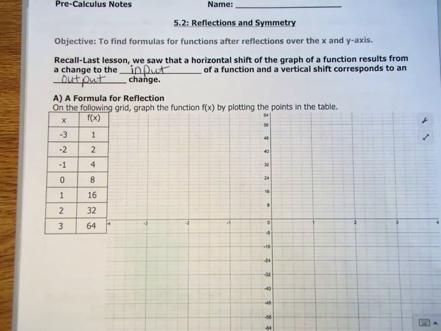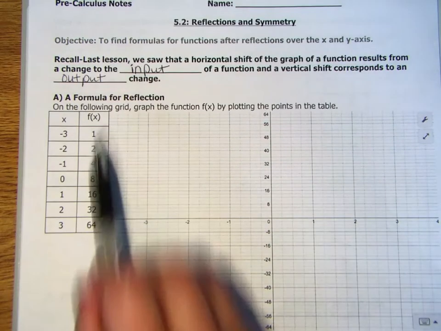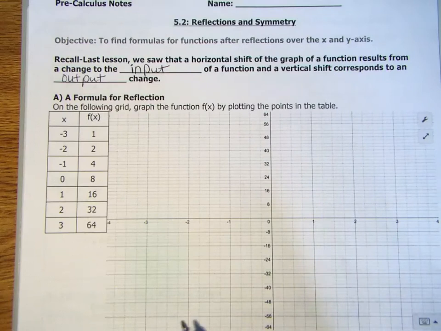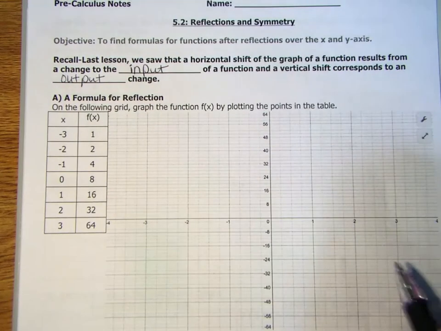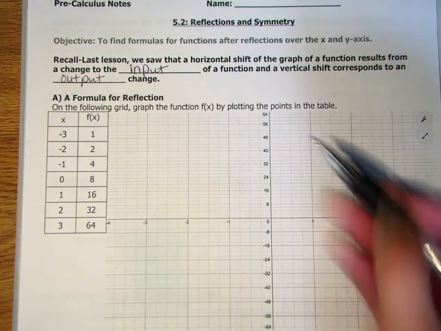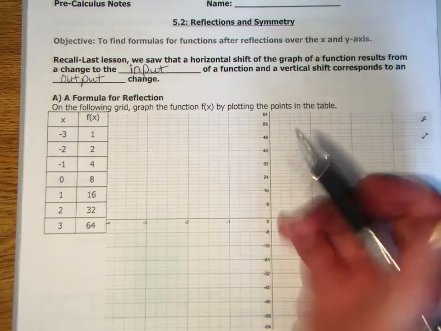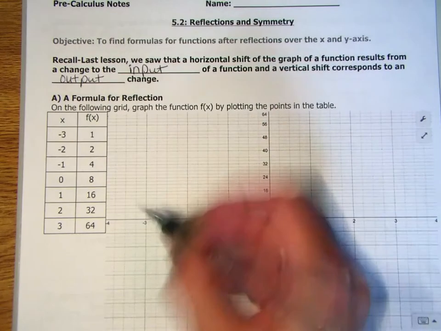Okay, what I would like you to do first is, using the values in that chart, just go ahead and graph this function f of x. I did a custom scale, so it should fit pretty easily.